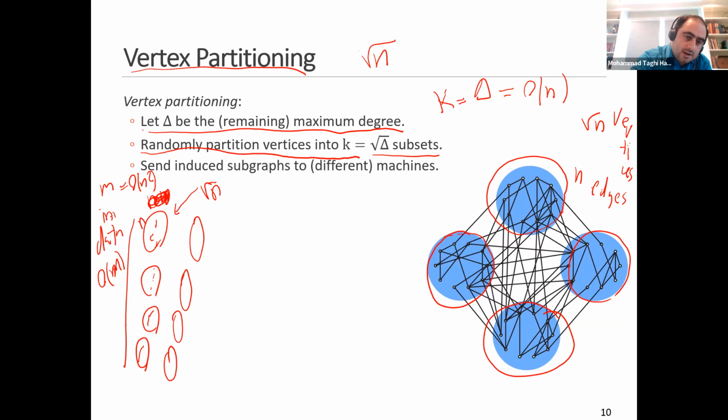The input data is order m, while the number of computers is m over n, because we have m edges, so on each of these computers we can have order n edges. So here the space is n.